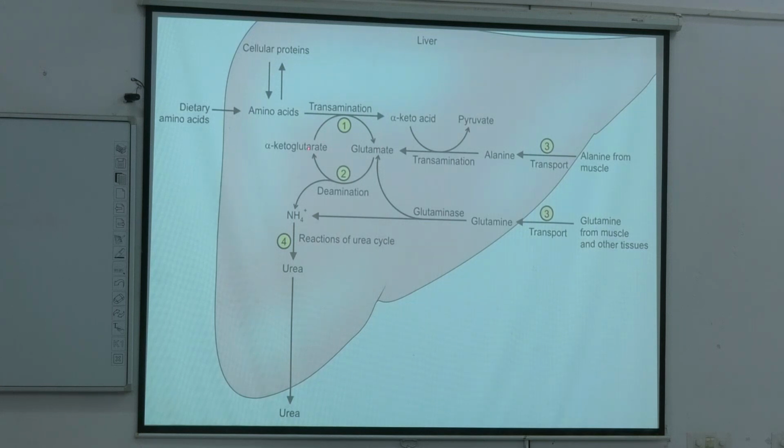And this alpha ketoglutarate forms glutamate. Glutamate, you already know, is an amine-containing substrate which further releases ammonia for disposal as urea, the urea cycle. That means the liver is the major organ which can regulate the level of urea and ammonia.